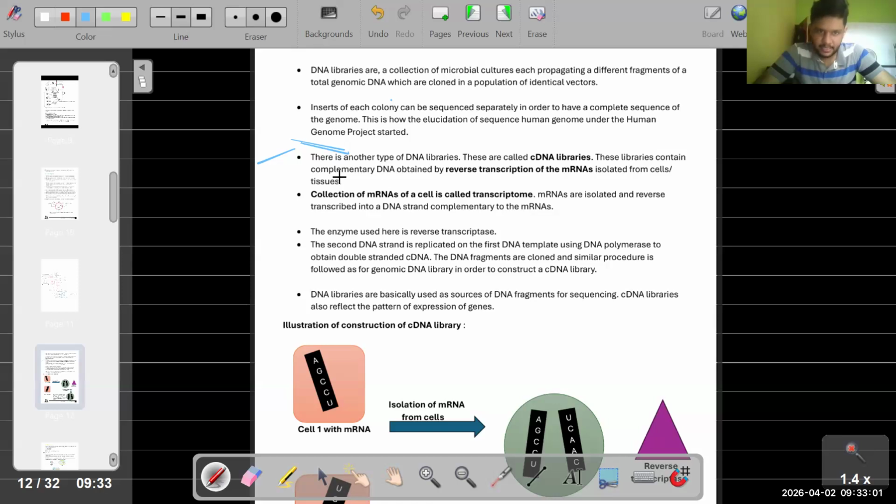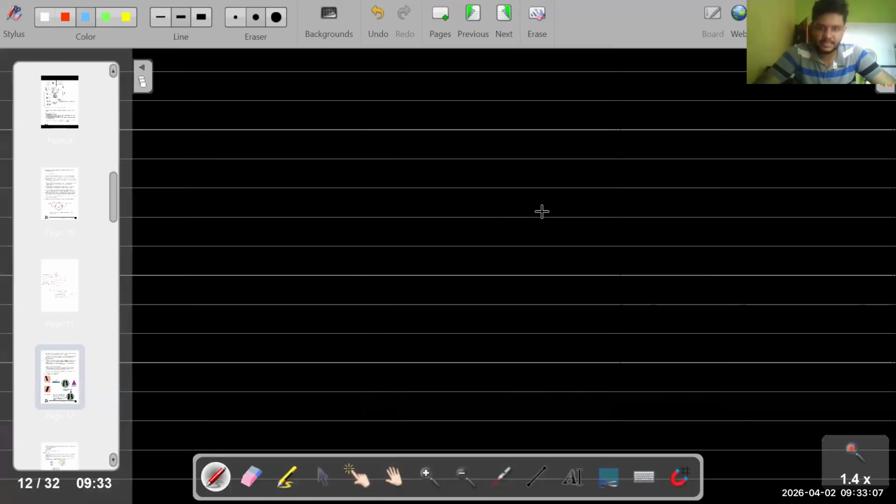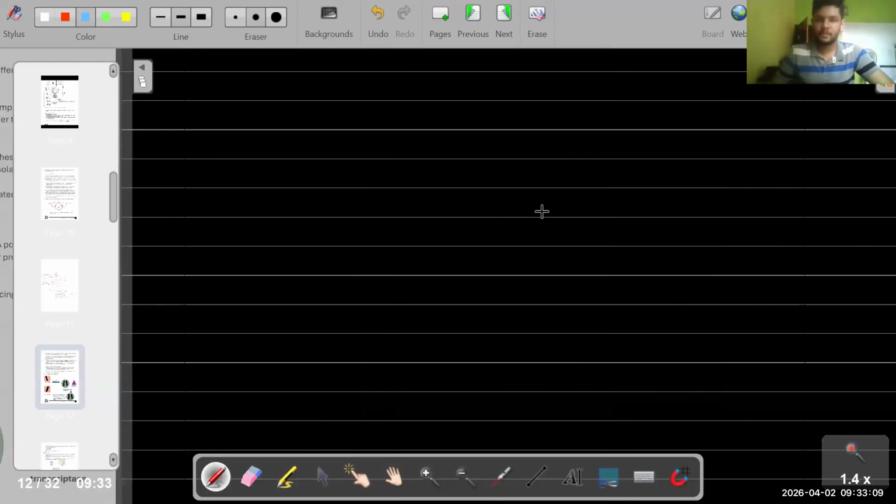These libraries contain complementary DNA obtained by reverse transcription of mRNAs isolated from cells. Now, what happens here is this. Can you remember transcription? Can you remember transcription? Yes.